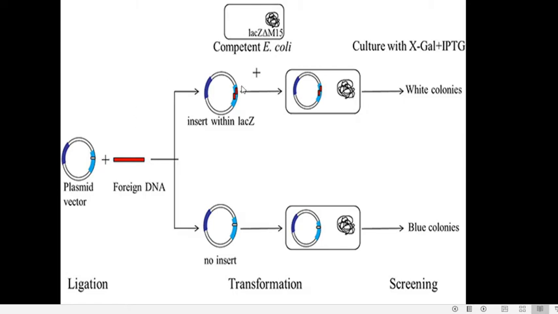The vector has the gene to produce alpha peptide, but it is inactivated now due to the insertion of the foreign gene. So even if this vector enters into the E. coli host cell, it cannot produce alpha peptide. It will have only omega peptide.